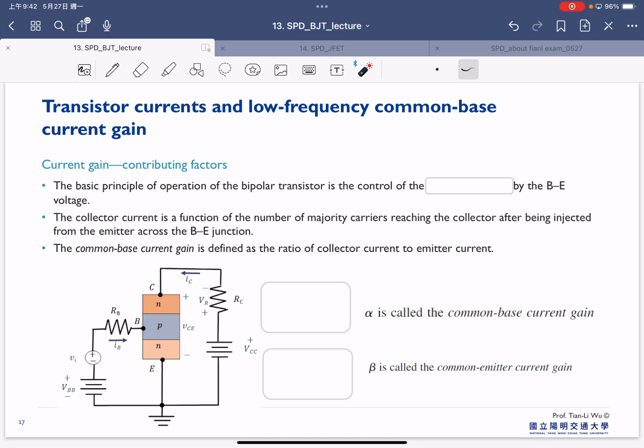In the bipolar transistor, we have the current gain, that is, the transistor current and the low frequency common base current gain. That is actually very important for us. Let's look at the same concept of current gain in the MOSFET.